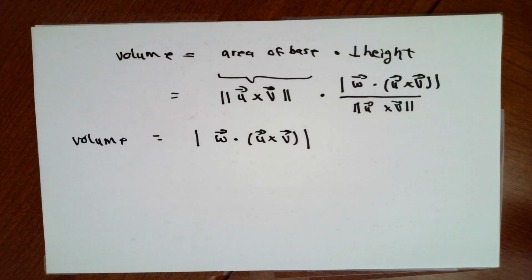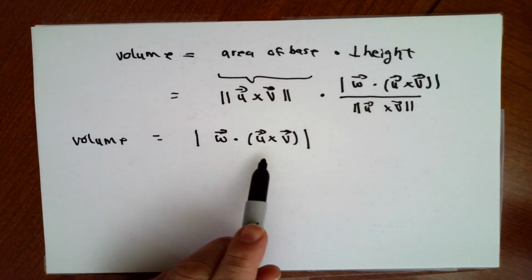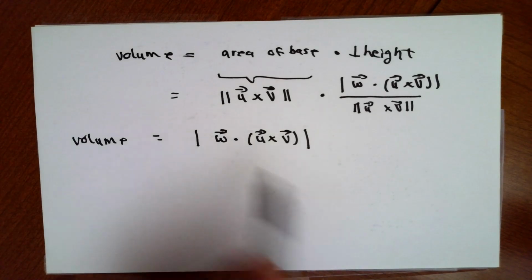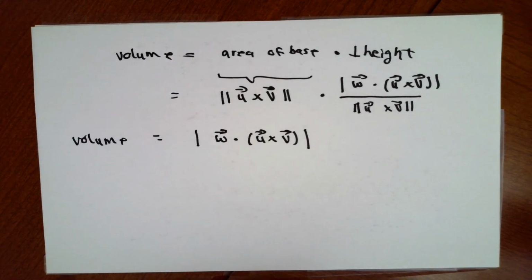Canceling the common factor out, we find out that the volume is the absolute value of w dot u cross v. That quantity inside the absolute value is sometimes called the triple scalar product. Since this represents the volume of the parallelepiped, and since we could relabel the names of the vectors any way you feel like, you can write these vector names down in any order you want.